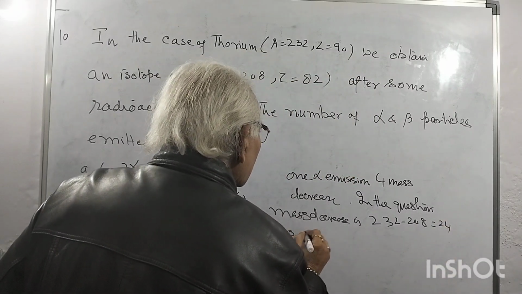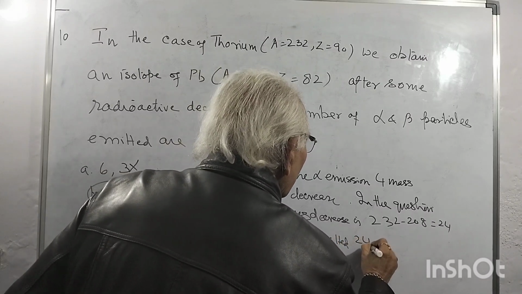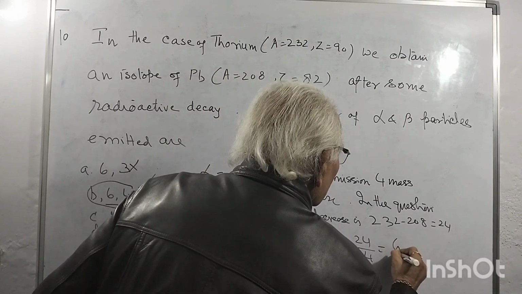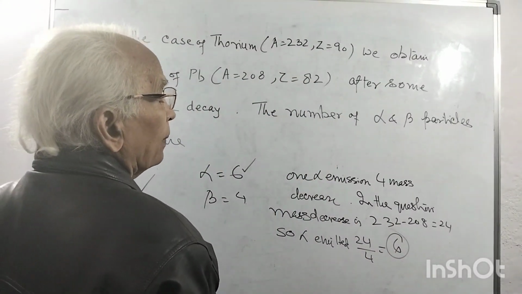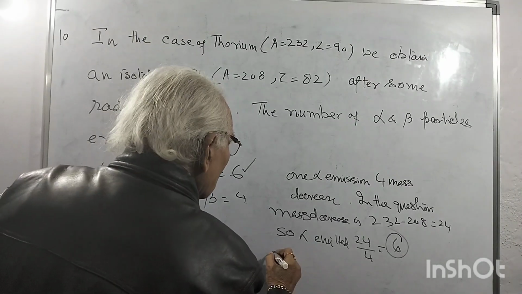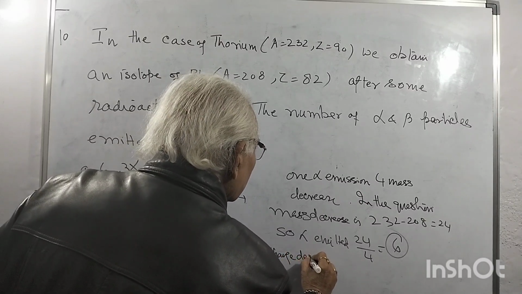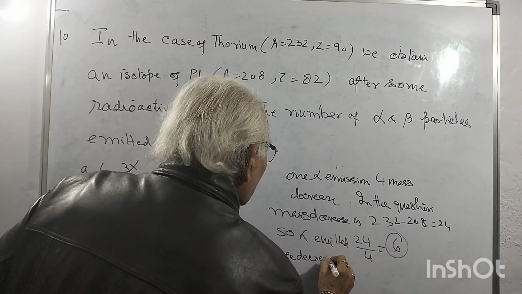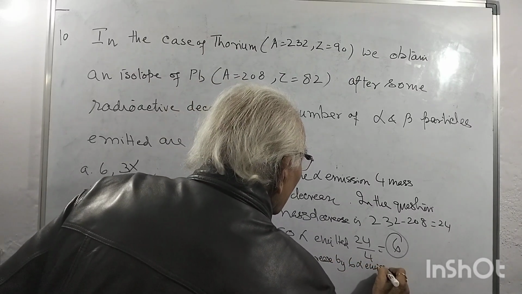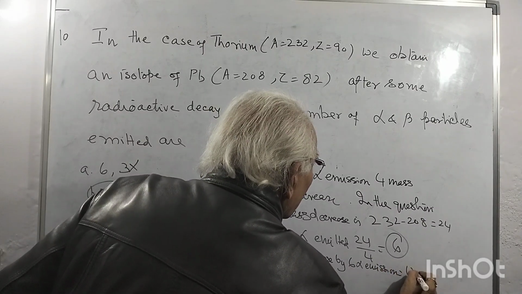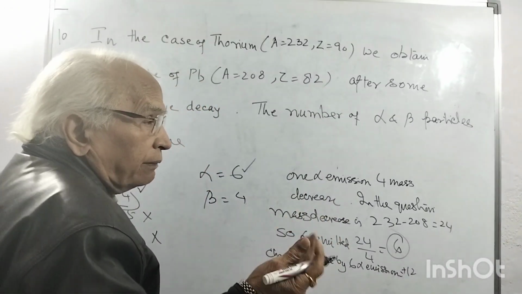So alpha emitted is 24 divided by 4, which means 6. So 6 alphas are emitted. Now how many betas? The charge decrease by 6 alpha emission is 12, because 1 alpha emission takes 2 charge.